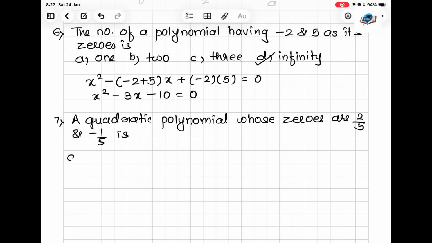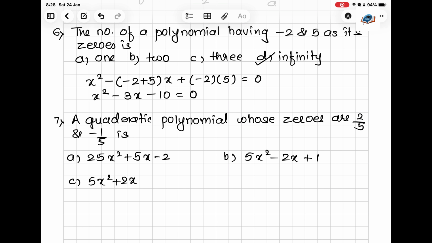Now he is asking me the equation to form. Option A, option B is 5x square minus 2x plus 1. C option is 5x square plus 2x minus 1. D option is 25x square minus 5x minus 2.